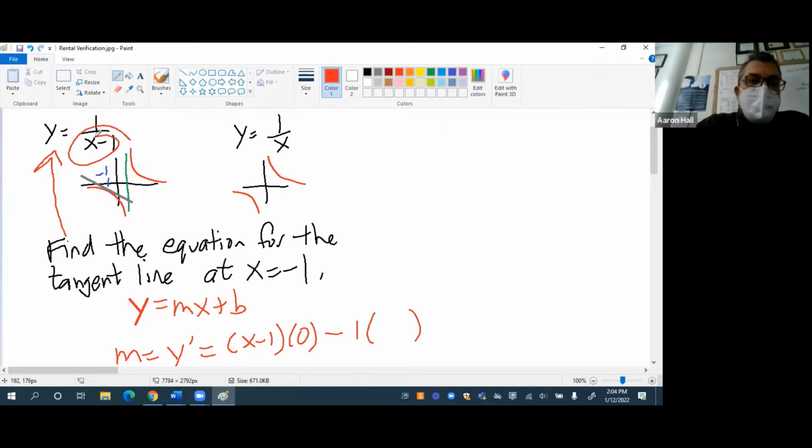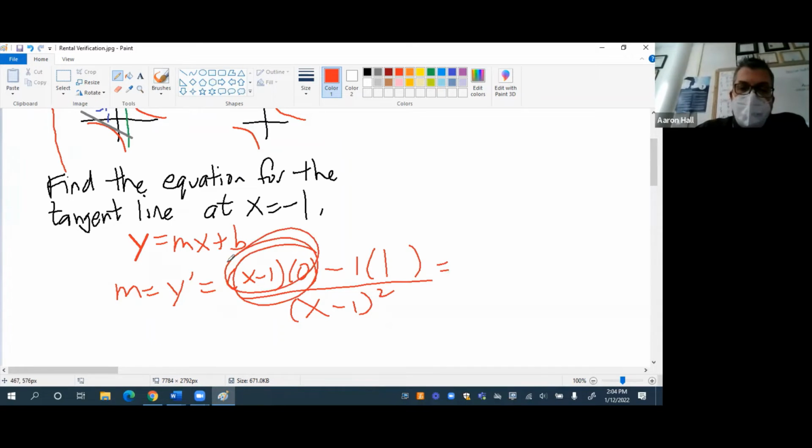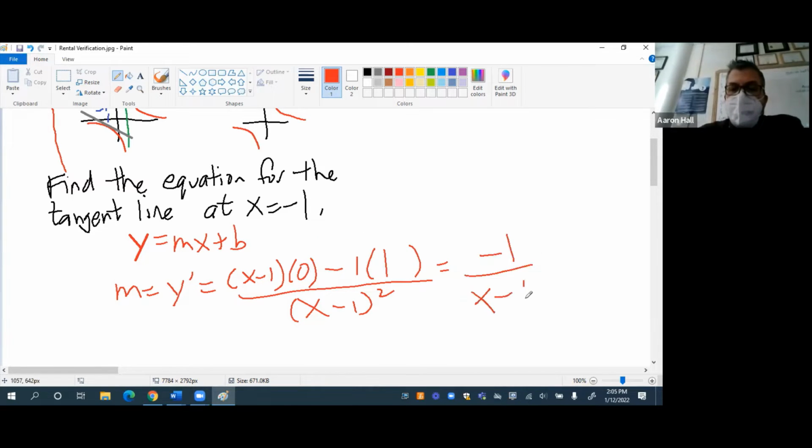What's the derivative of the low? 1 over low, x minus 1. x minus 1 squared. And so what does this part here become? 0. So I have 0 minus, what does this part become? Okay, so I have -1 over x minus 1 squared.